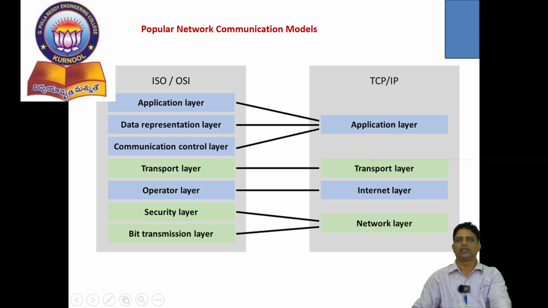In contrast to this, the TCP/IP model has the application layer, transport layer, internet layer, and then host link layer, or physical layer in simple terms. The presentation layer, session layer, and application layer are clubbed into the application layer for the TCP/IP model.